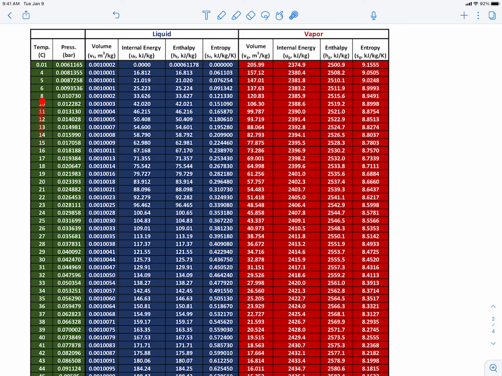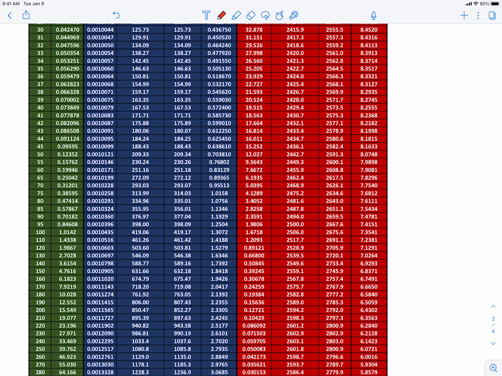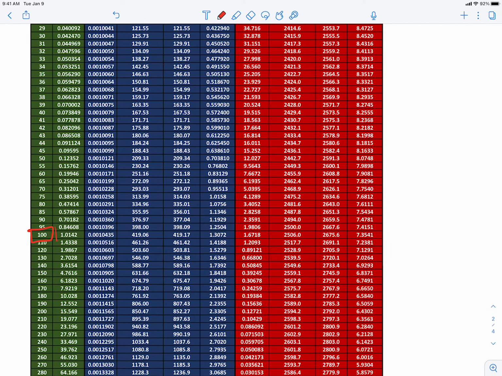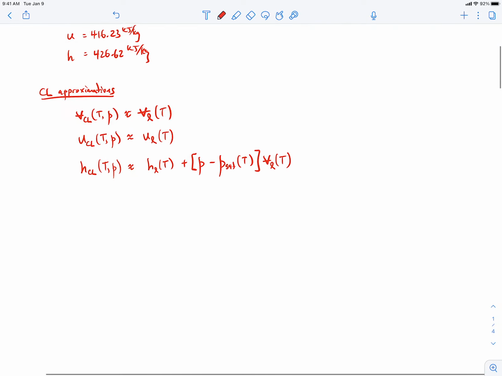It's organized according to temperature, and we're particularly interested in the 100 degree temperature case, because that's the temperature we're looking at. Here is the saturation pressure at that 100 degrees. This is the saturated liquid specific volume, saturated liquid specific internal energy, and saturated liquid specific enthalpy. So let's remember those numbers. We'll come back up here and write them down.